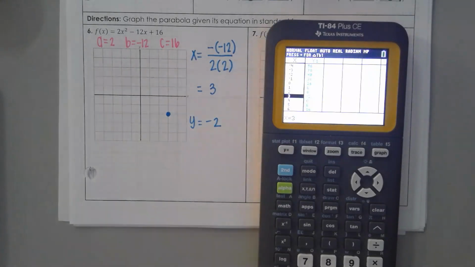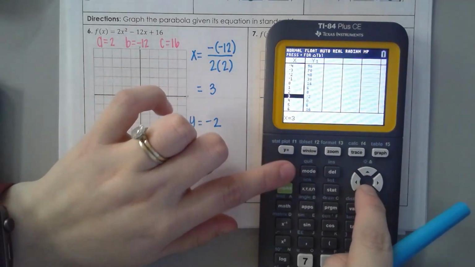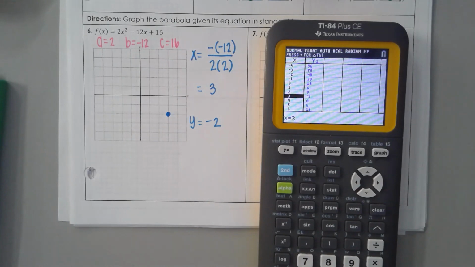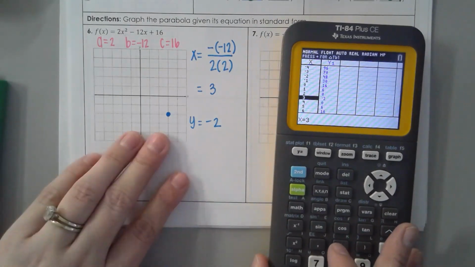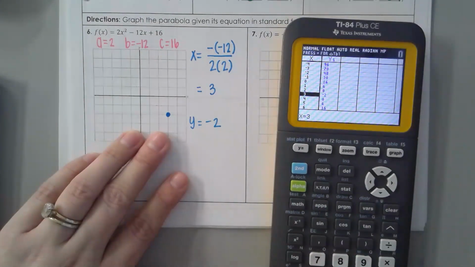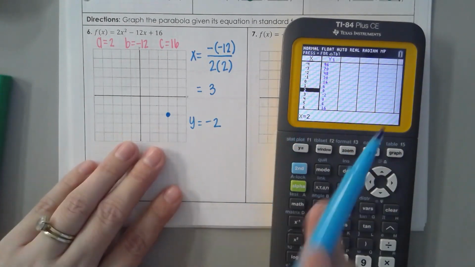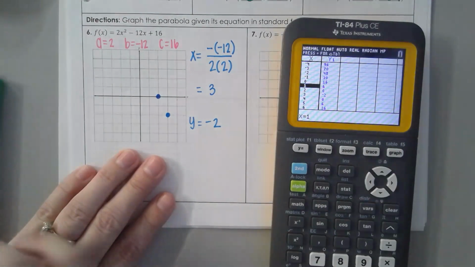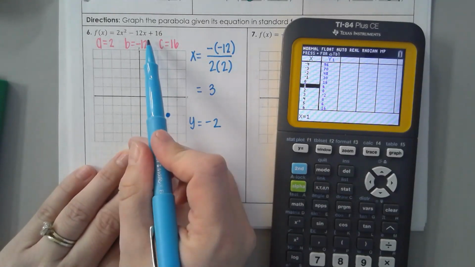And then I want to graph as many points around that as I can. Not every point will fit on my graph. It actually only goes to 5. So I have 2, 0. Can I do 1, 6? No, because it only goes to 5.